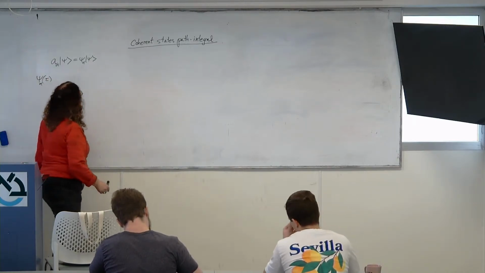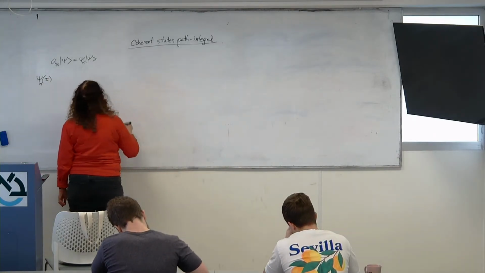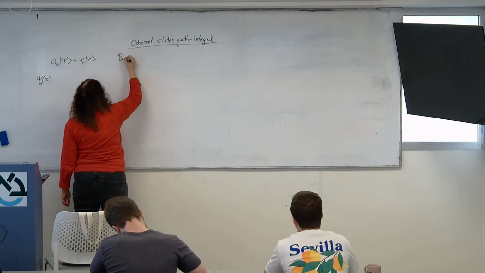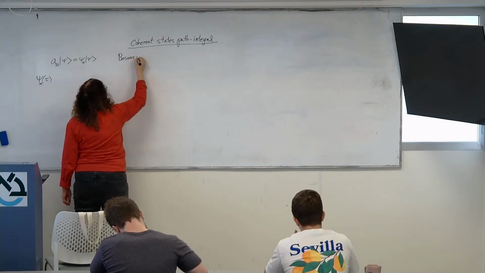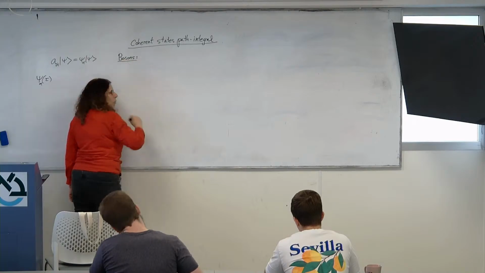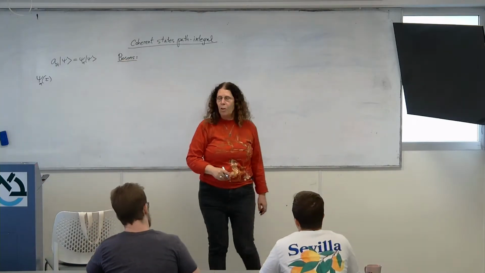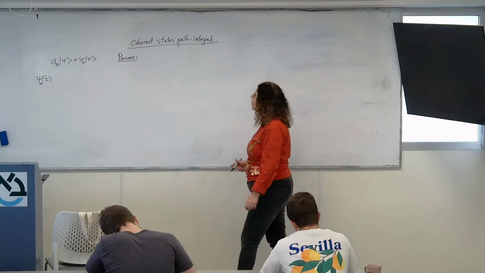And I remind you that we are doing everything for bosons for now. Actually, today we will see how to generalize it to fermions, but let's first continue with the bosons.